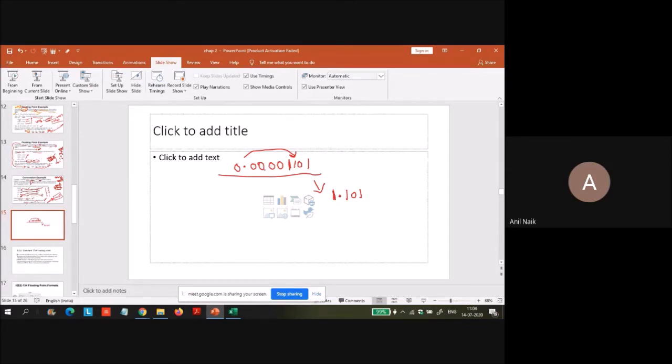How many bits have we shifted? 1, 2, 3, 4, 5, into 2 raised to minus 5. So this is the normalized form. I'll tell you why normalization is important: in IEEE data representation, we have to represent a sign, exponent, and mantissa. The exponent part is very important.